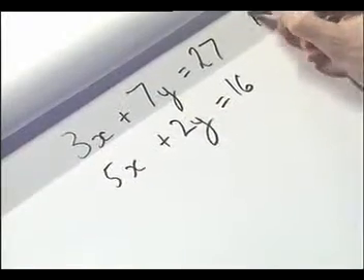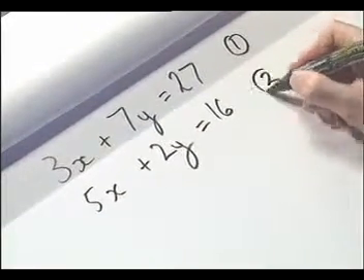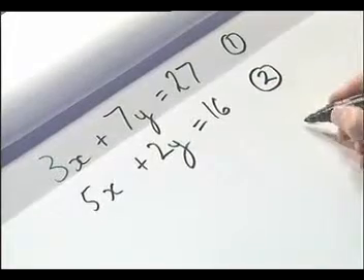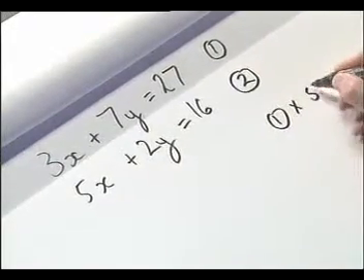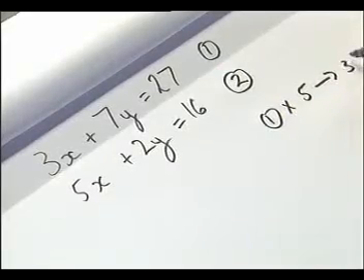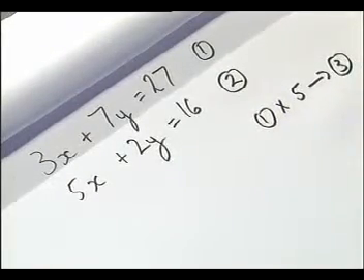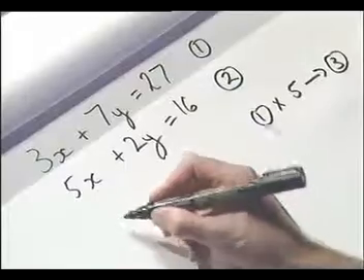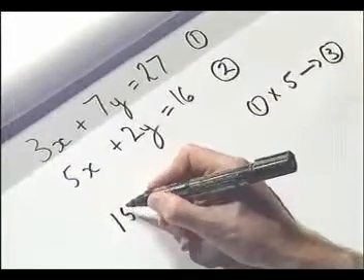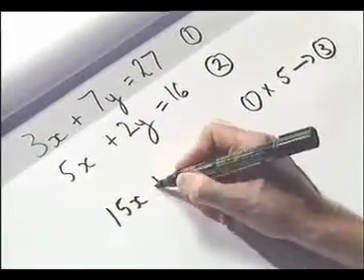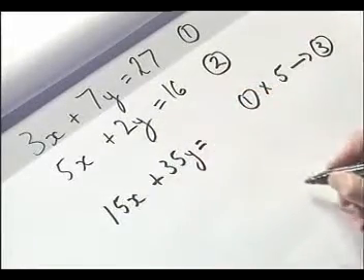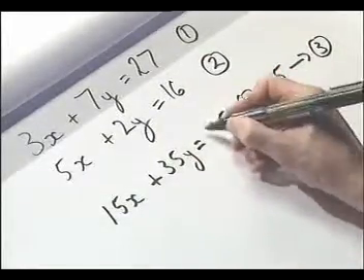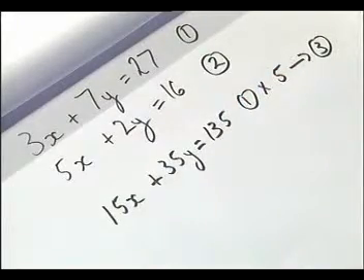So I'll number the equations 1 and 2. And I'll take equation 1 and I will multiply it by 5. And that will give me a new equation 3. So multiplying it by 5, 15x plus 35y is equal to 135.